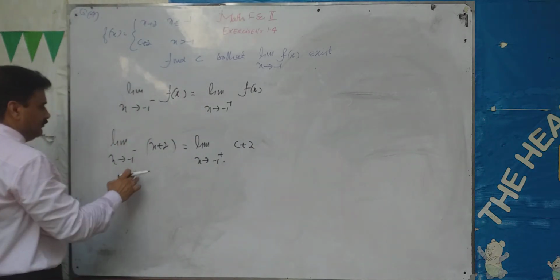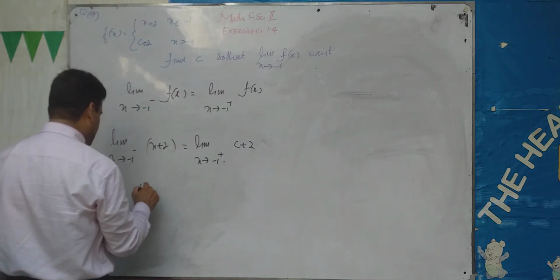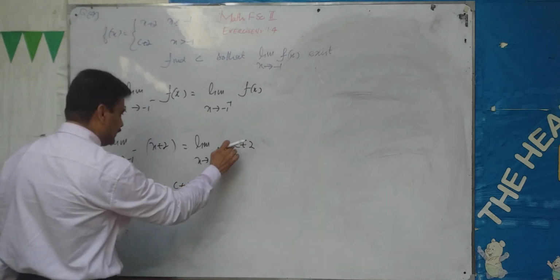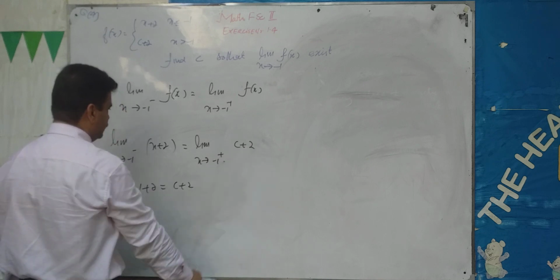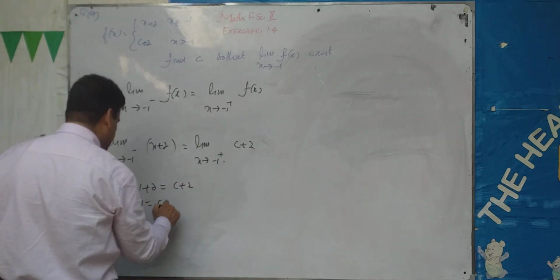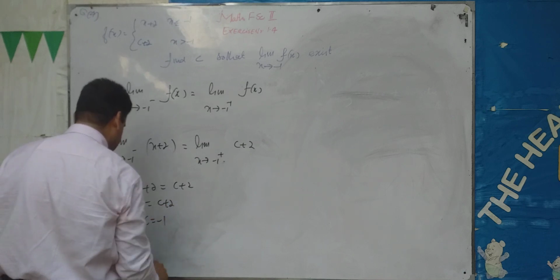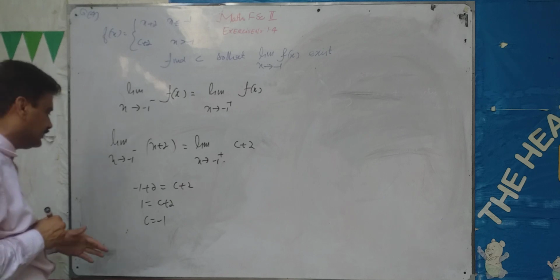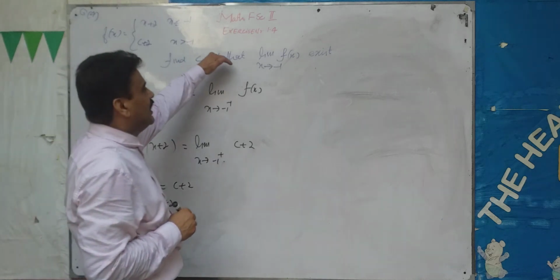We apply the limit: minus 1 plus 2 is equal to c plus 2, since the limit of any constant is the constant itself. 1 is equal to c plus 2 and c is equal to minus 1. So the value of c is equal to minus 1. For this value of c equal to minus 1, the limit of the function exists.